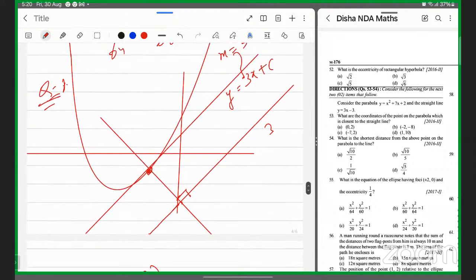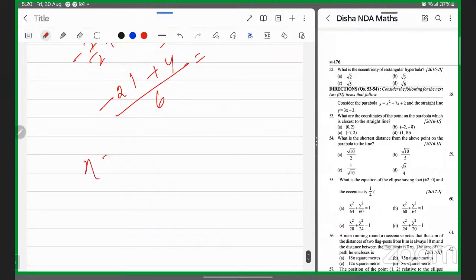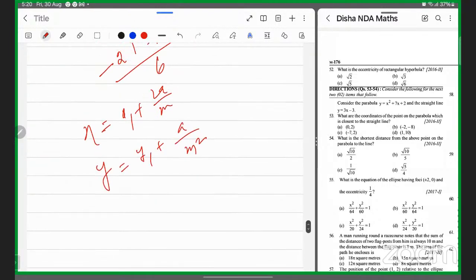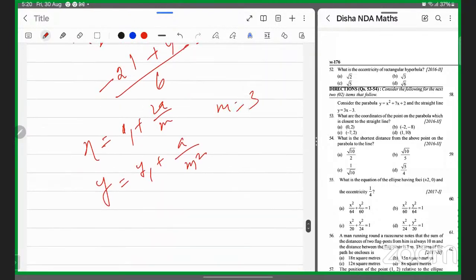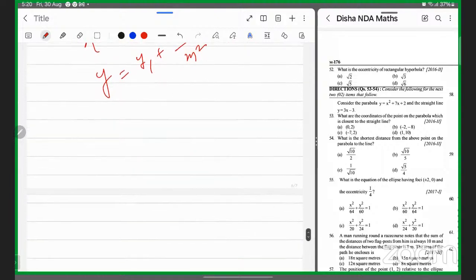The contact point of this is x1 plus 2a by m, okay? And the y contact point is y1 plus 2a by m square. Any problem? Now we know the value of m. M is 3. Now I have to find a, x1, y1, okay?